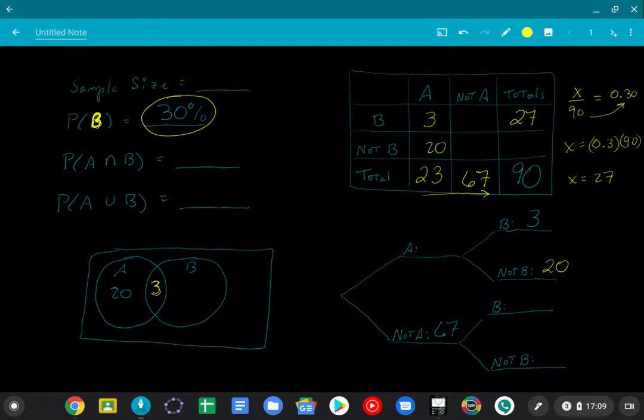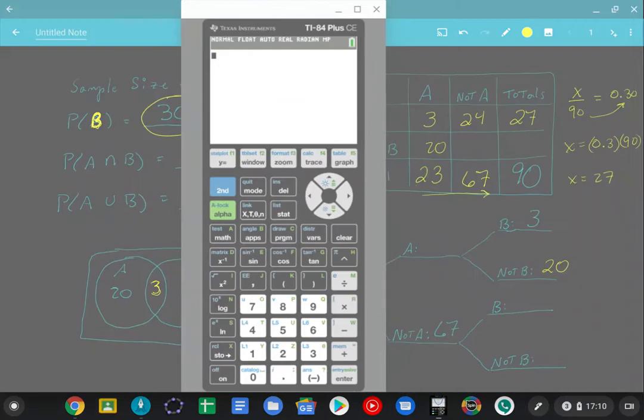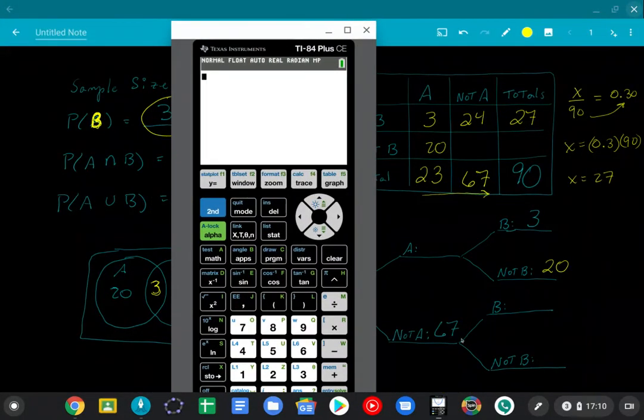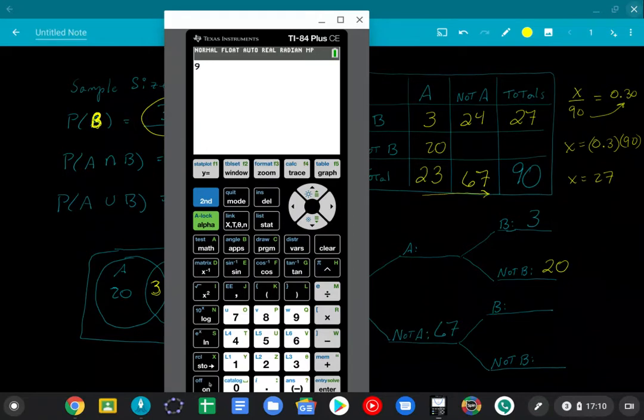And look, I think we can fill in the rest of this table. If that's 27, then this must be 24. Let me get out my handy dandy calculator. Let's say 90 minus 27.